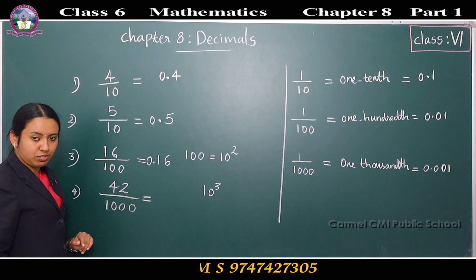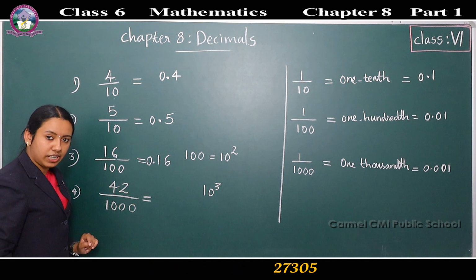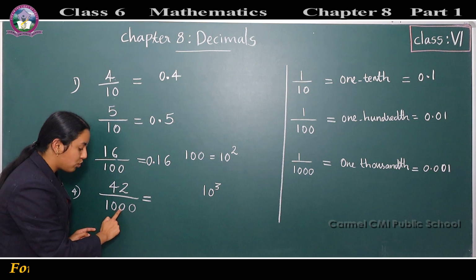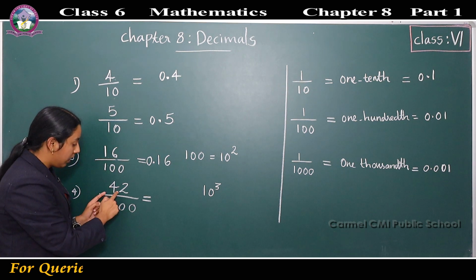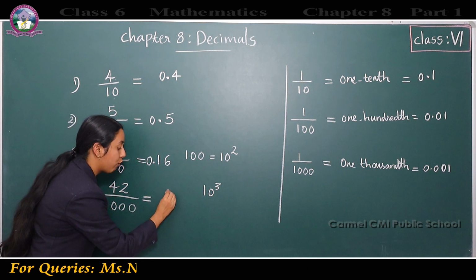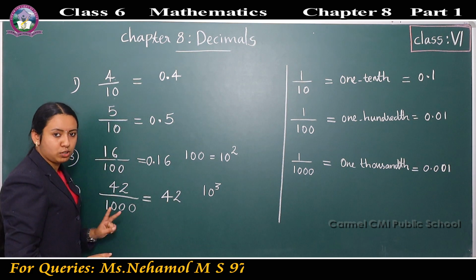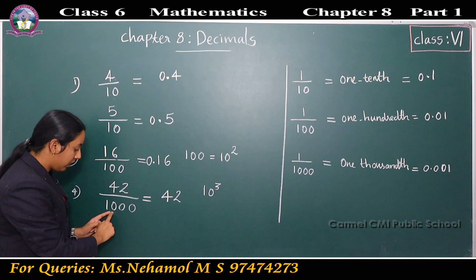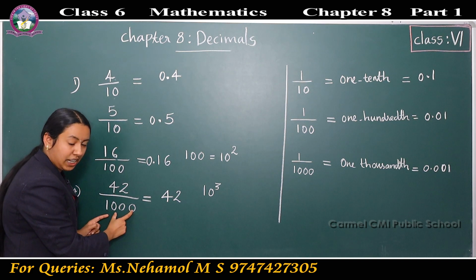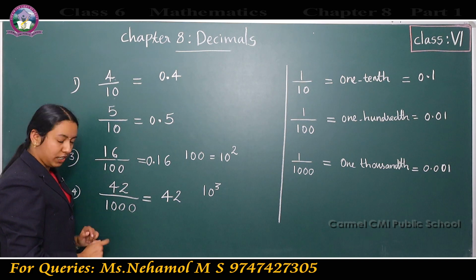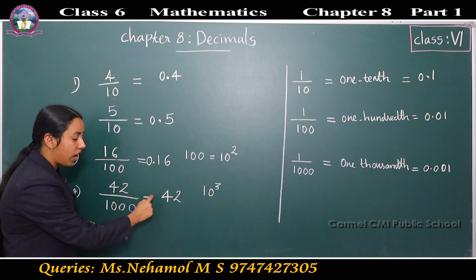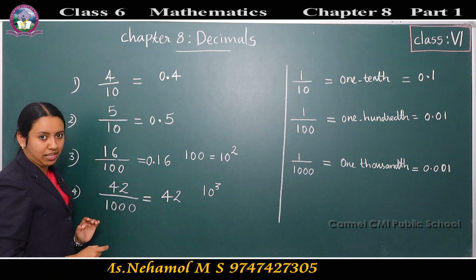Now consider the next question. 42 by 1000. How many zeros are there in the denominator? 1, 2, 3. But what is the numerator here? 42, only 2 digits. There are 3 zeros in the denominator, so we have to make 3 decimal places.